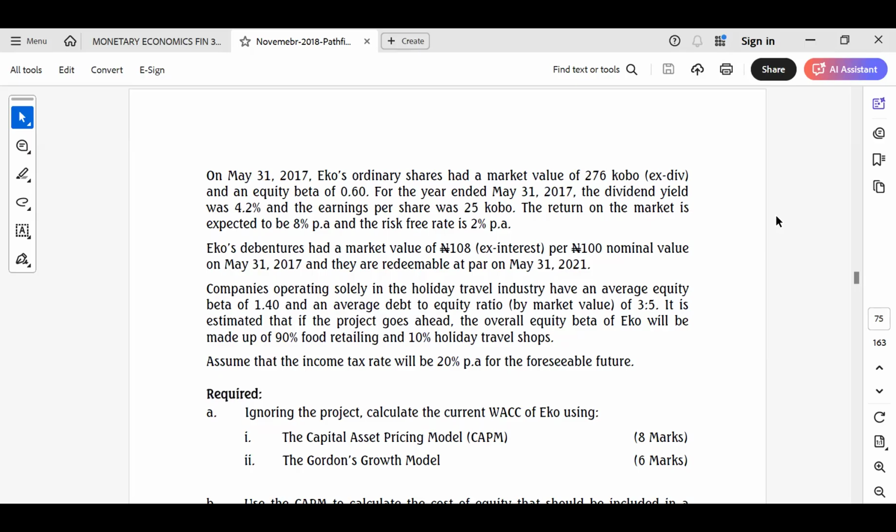So we use the capital asset pricing model and the Gordon model. We are going to start from Gordon's growth model, which is the dividend model. We saw Gordon's when we were learning about the dividend model. Is that correct? Yes.